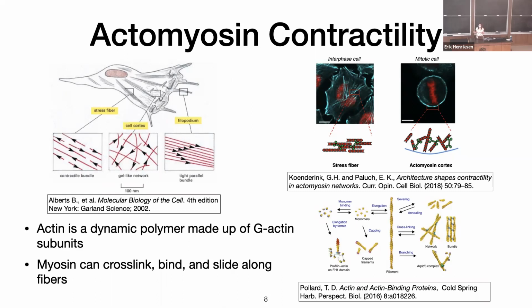And these green connectors here are the myosin molecular motors that walk along the fibers, and then they'll slide the actin filaments with respect to one another to generate force within the cell. So myosin motors can cross-link, bind and slide along them to generate force. It's a very dynamic network within the cell that allows the cell to change shape and form protrusions during migration.